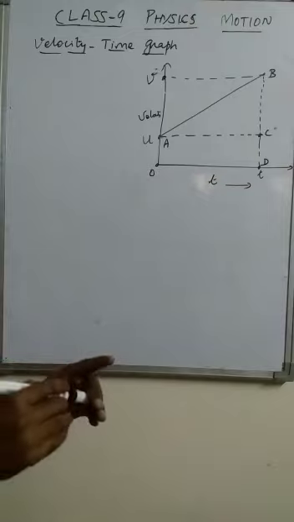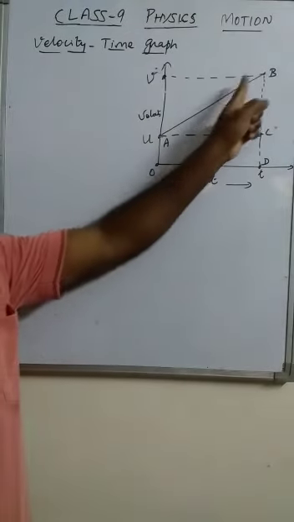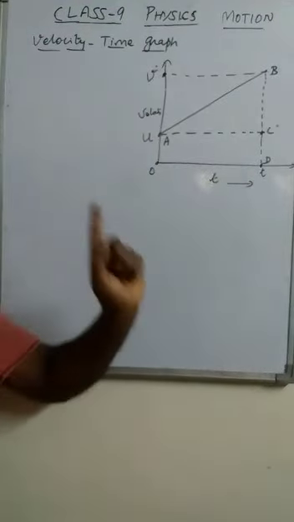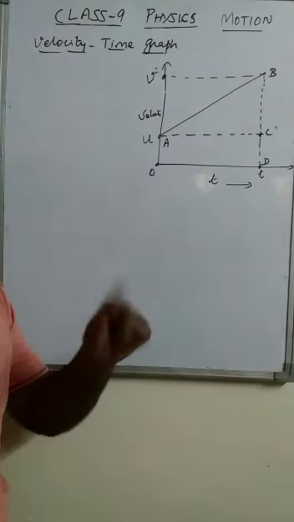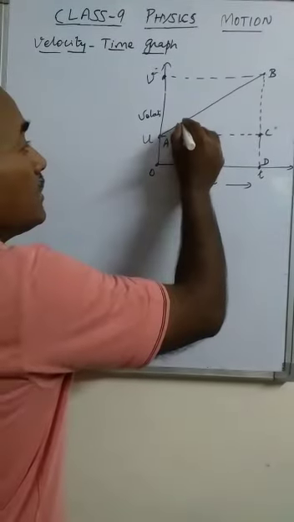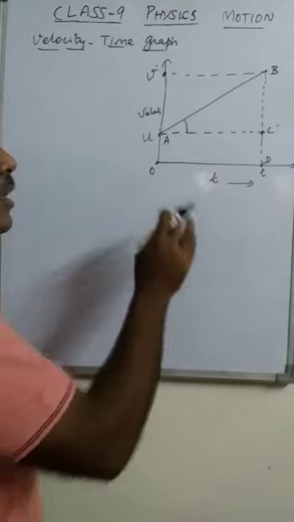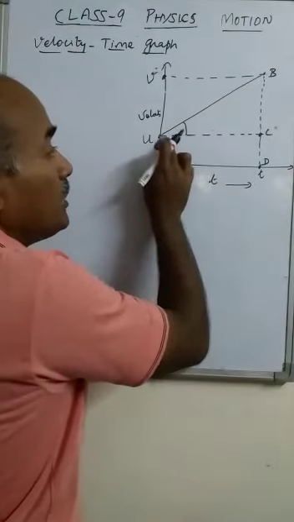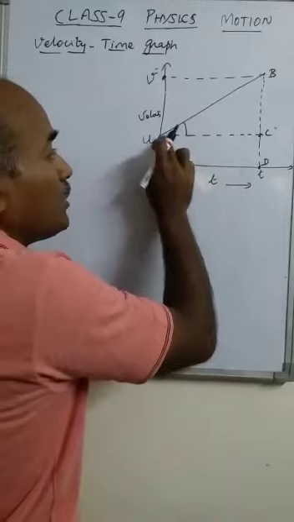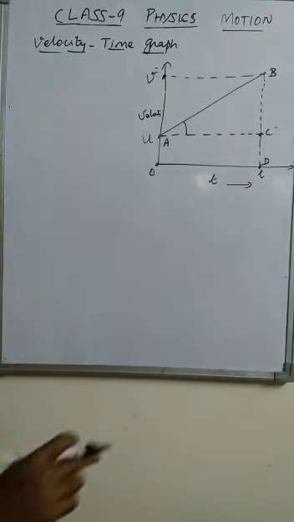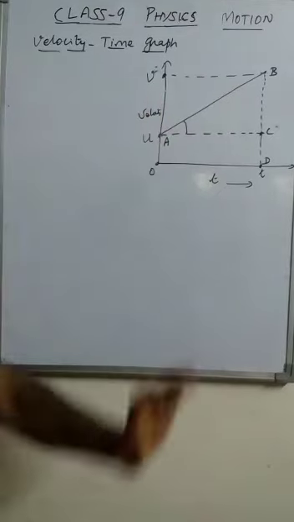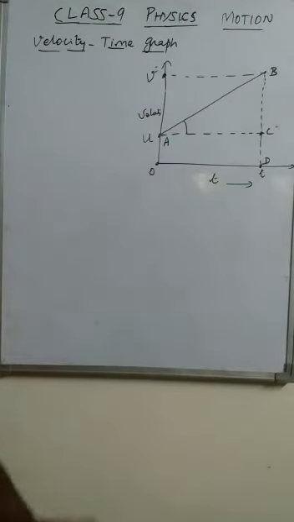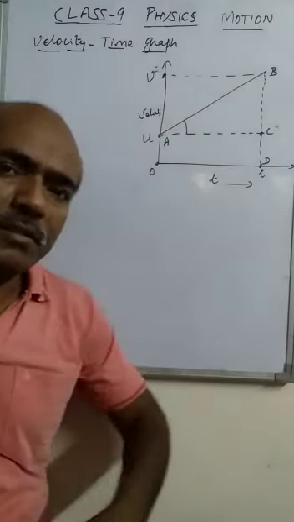Now the slope of this line, this graph, is the angle it makes with the time axis, because this line is parallel to the time axis. That angle made by the graph with the time axis is the slope, and there is a trigonometric ratio for it that we will discuss later on.